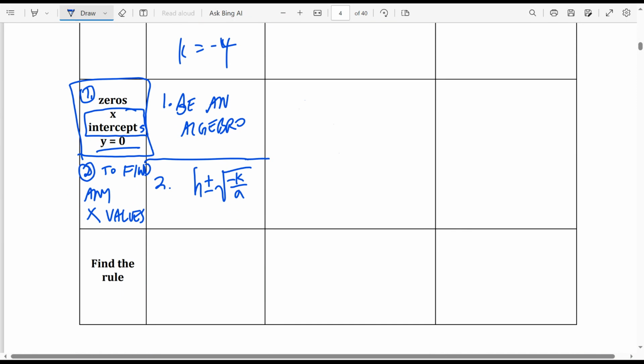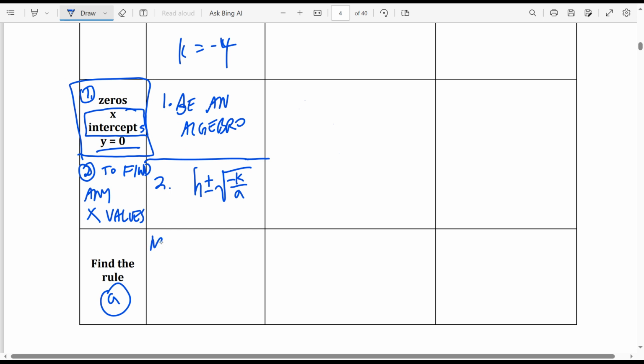So the rule, I want you to add something else to this one as well. When I say find the rule, next year you may have to find a, h, k in different ways, and I'll show you all that. Finding the rule here, what I mean is, can you find a? Because a lot of times that's going to be what's missing. Finding the rule will mean I need to find the a value.